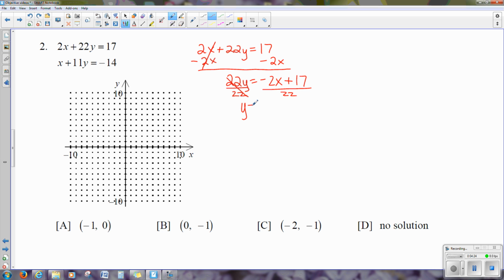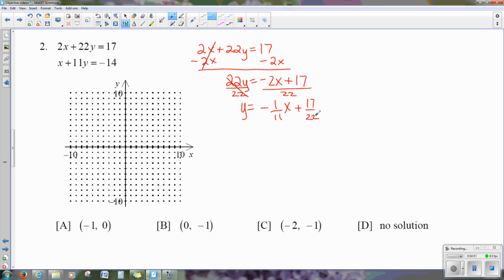So we now have y equals, all right, -2 over 22 is -1 over 11 times x. And then positive 17 divided by 22 is positive 17 over 22, which is, that's a lovely intercept. Would you like to graph that intercept of 17 over 22?